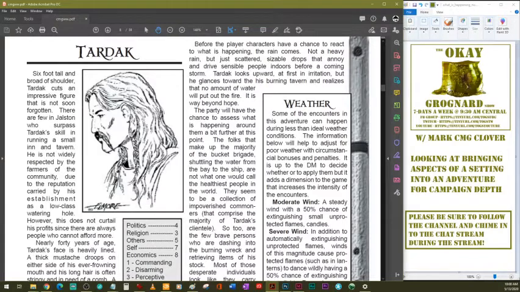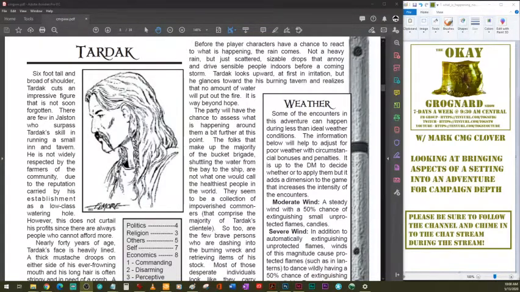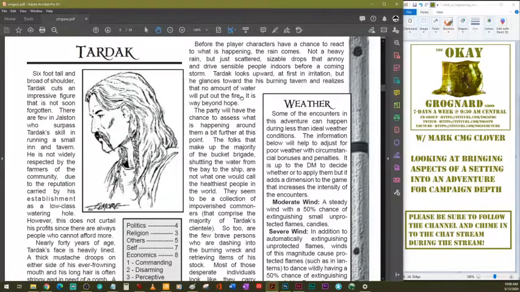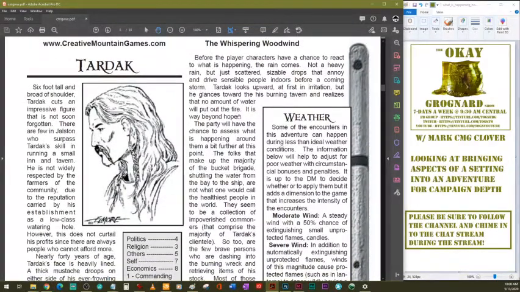Because what we really want are fleshed out, or at least the sense that these characters are fleshed out and that they have lives beyond the adventure. That's how you create, and that gets us back to bringing aspects of a setting into an adventure for campaign depth. When we're talking about campaign discussion, this is how you create a campaign through NPCs that feels like more than just this two-dimensional, hey, you're in Narnia, go kill the Winter Witch, and everybody you run into is just somebody pointing in a direction for you.